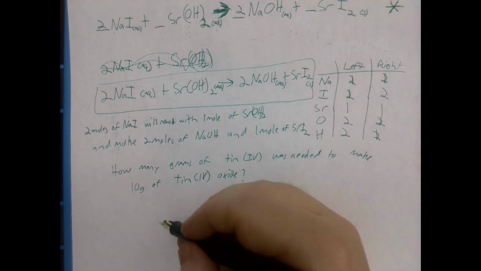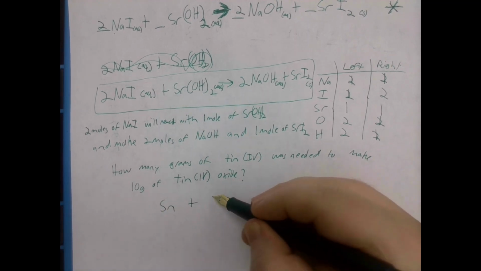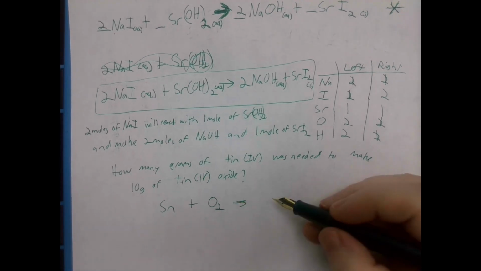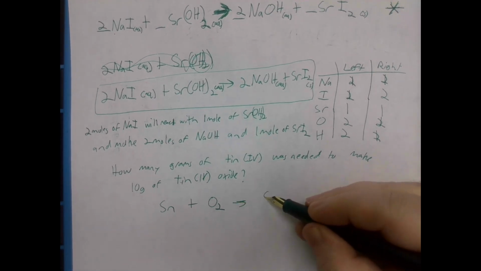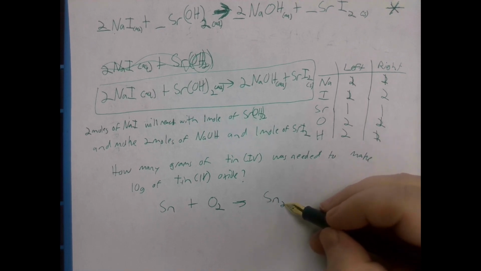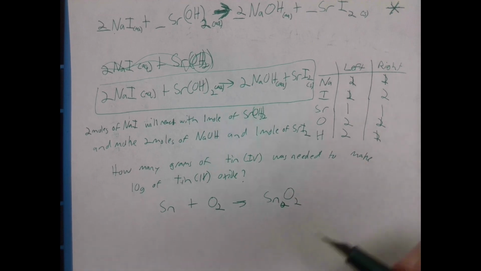So our equation is we have tin, and it's mixing with oxygen, making SnO2. It'd be O2. So it balances this equation out. Well, it's balanced already.